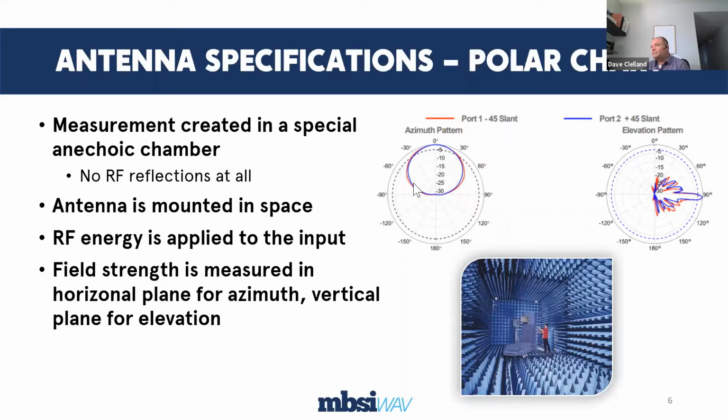And we have some cross polarization value because the left and right slant attenuation values are slightly different as we go around both the horizontal and the vertical patterns. So this antenna would have a cross polarization value. The higher the quality of the antenna, the lower that value is.